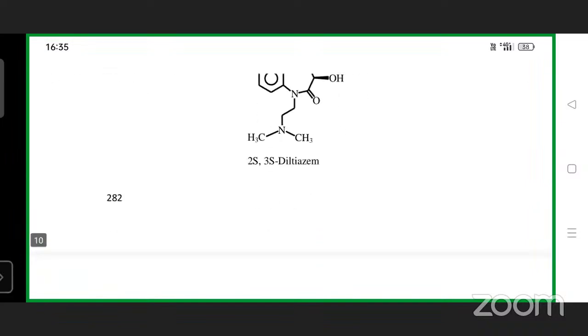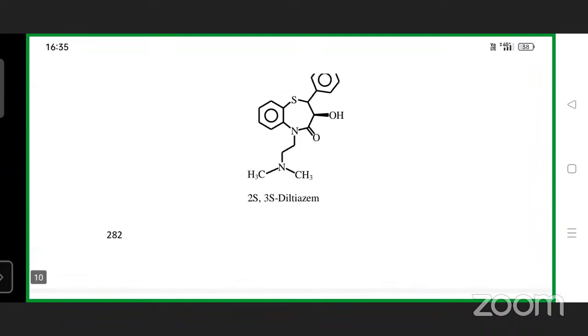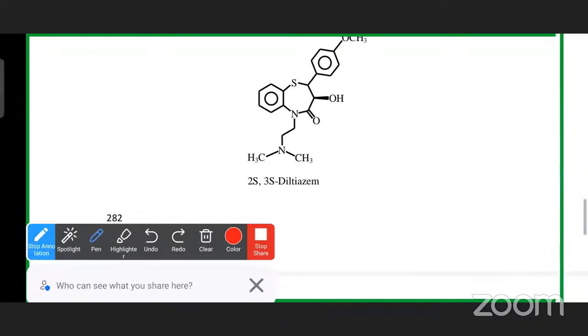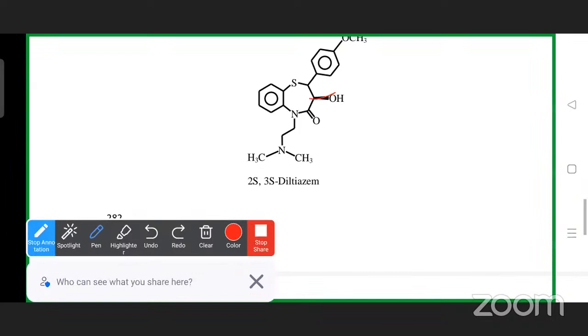Synthesis. So here you go with this. You begin the synthesis of diltiazem with methoxybenzaldehyde. When it is treated with an ester, right?